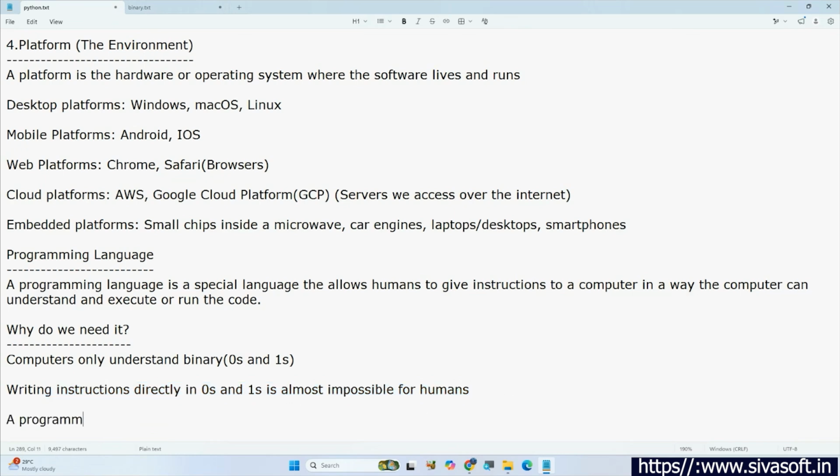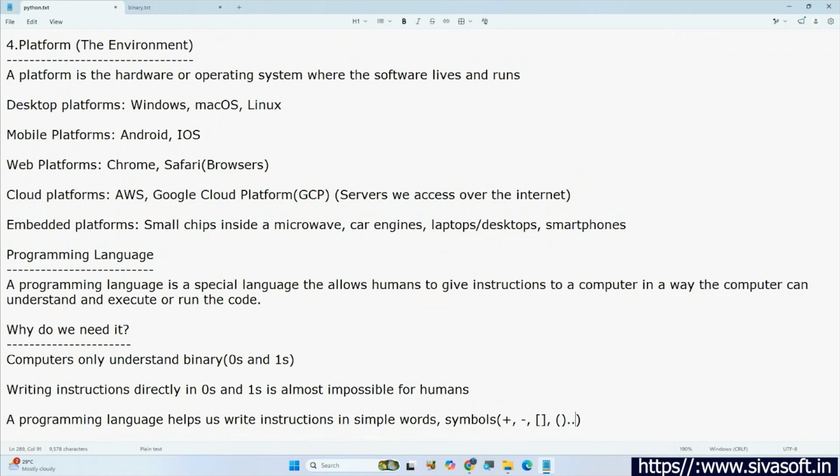A programming language helps us write instructions in simple words, symbols. So symbols means plus symbol, minus symbol, square brackets, or parentheses, or whatever.